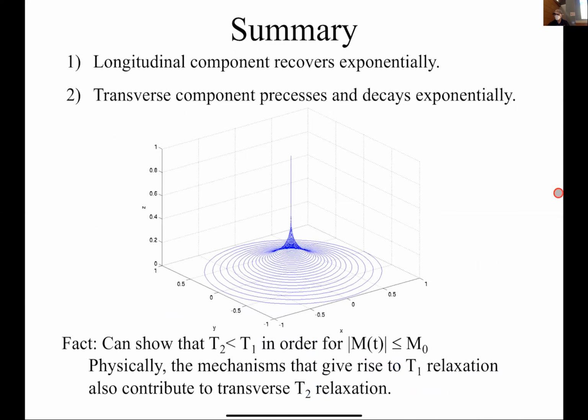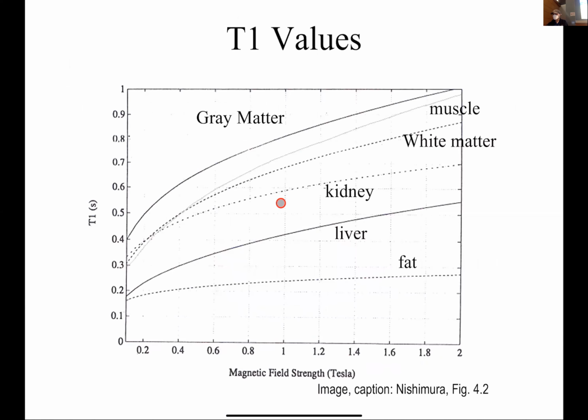Okay, so this is the picture we had before where magnetization decays very quickly, typically in the transverse plane, governed by T2, and then it recovers typically more slowly along z, which is T1.